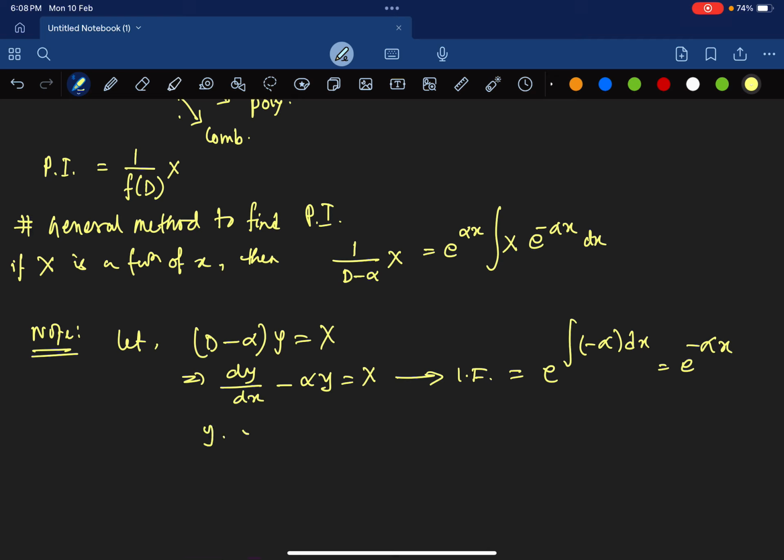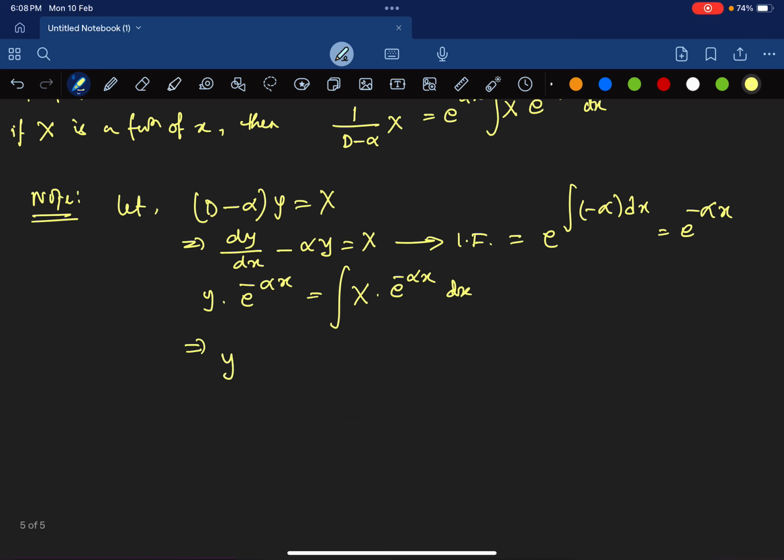Now the solution, you know, is y e^(-alpha x) equals the integral of X multiplied with e^(-alpha x) dx, which is equivalent to writing y = e^(alpha x) times the integral of X e^(-alpha x) dx.